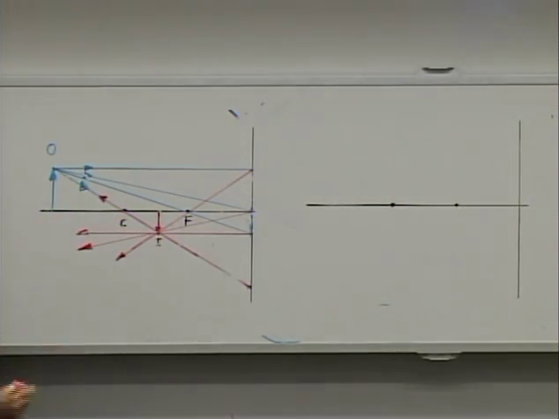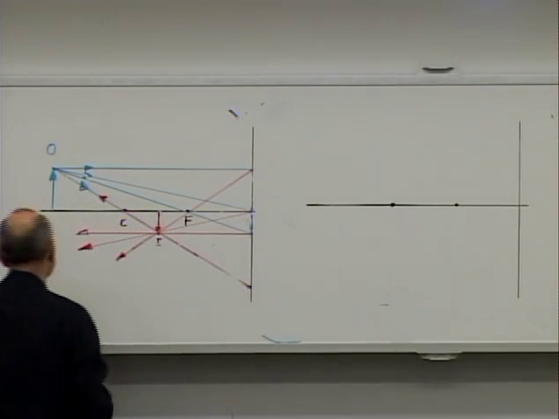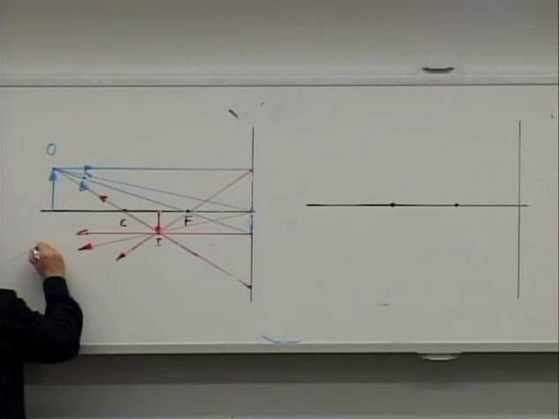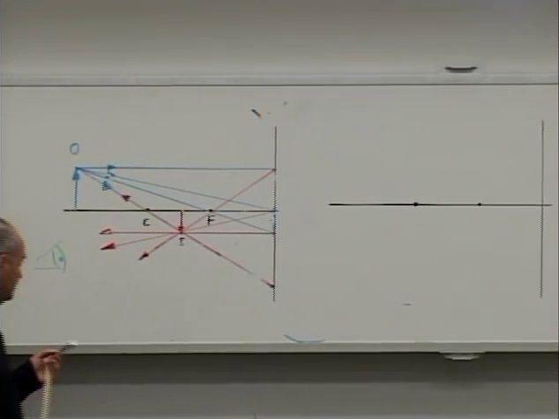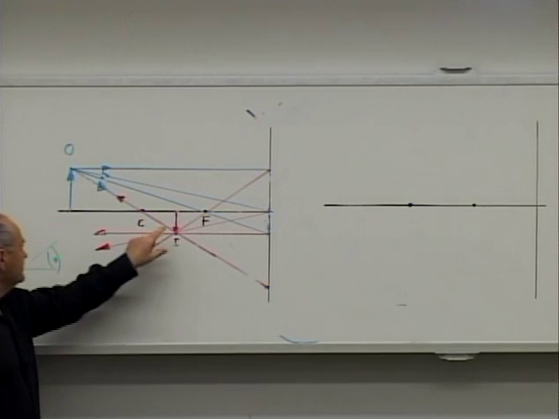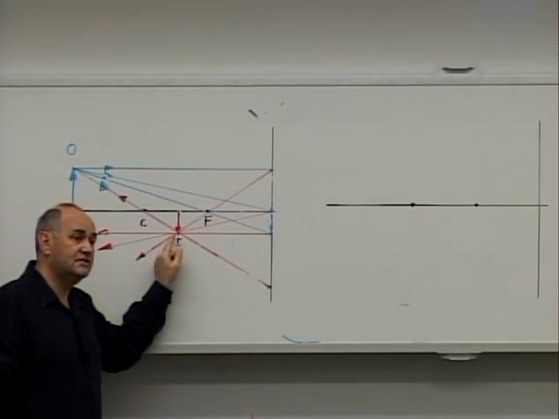Now look what will happen if you put your eye here. What would you think? Well, you would recognize that these rays are diverging from this point. Do you see that?